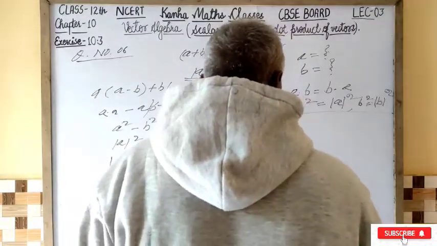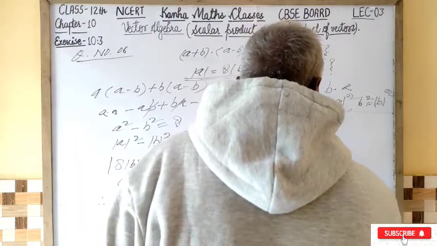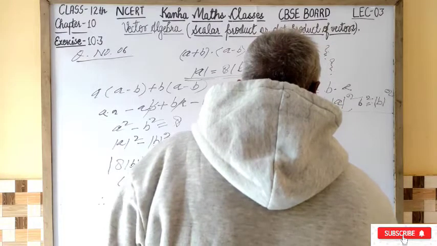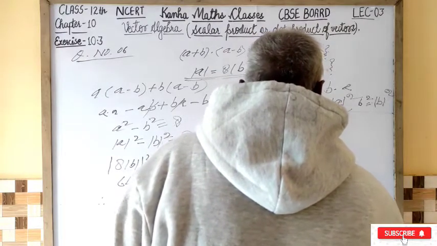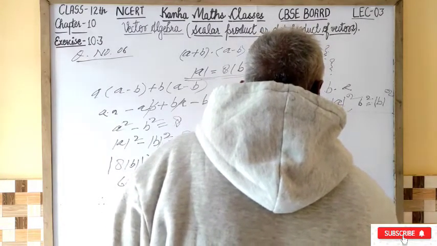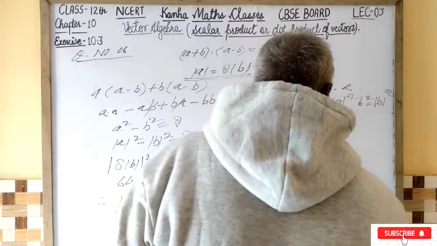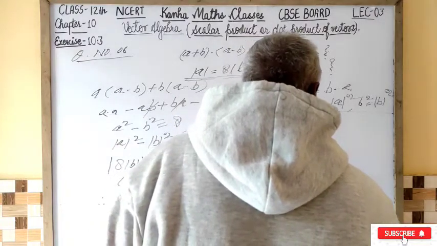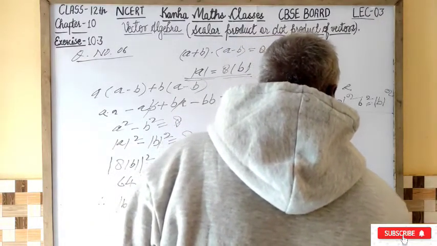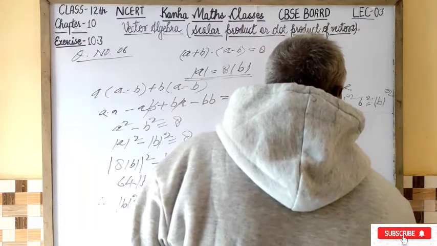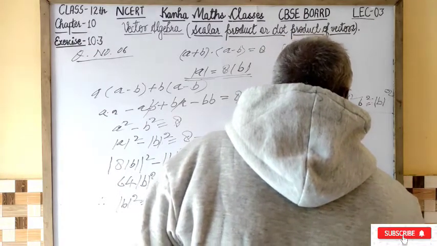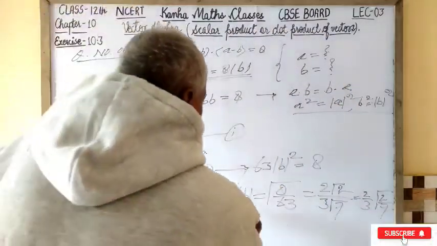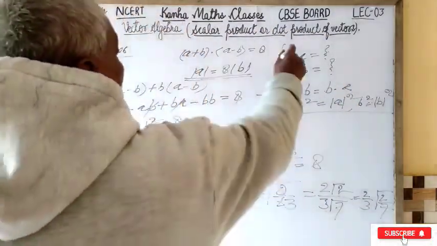Taking under root of 8, 2 root 2, and under root 63, 9 into 7, 3 root 7, so mod of b is 2 root 2 by 3 root 7.